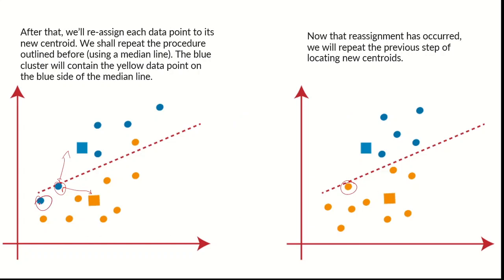Similarly, this point is also changed to the yellow cluster. So after the change in centroid, there may be some change in the clusters of these data points. This data was labeled as yellow, but after the change in the centroid, when we recalculate, we find that it belongs to the blue cluster.